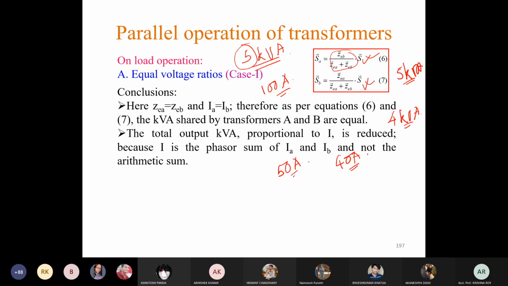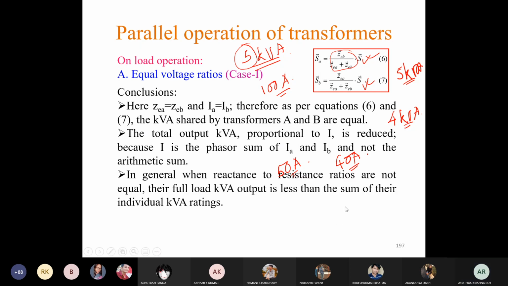Yes, sir. So that is another disadvantage if the X by R ratios are not the same for all the transformers. So in general, when reactance to resistance ratios are not equal, their full load kVA output is less than the sum of their individual kVA ratings.